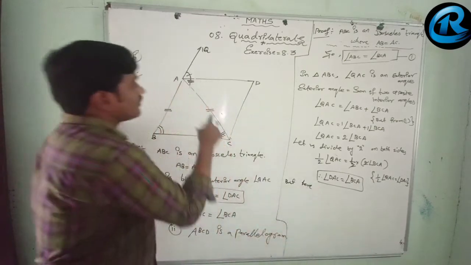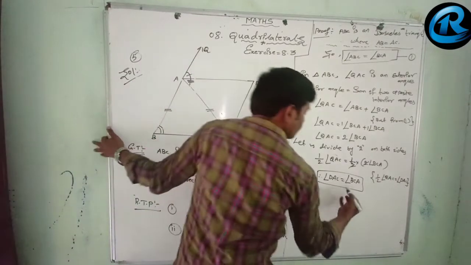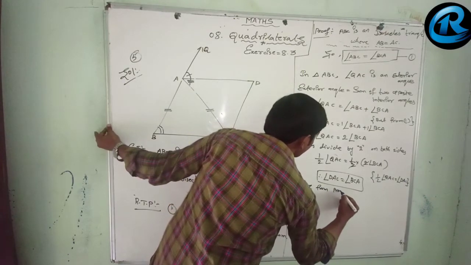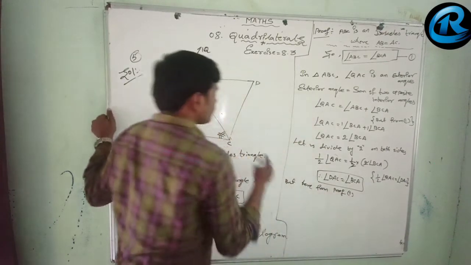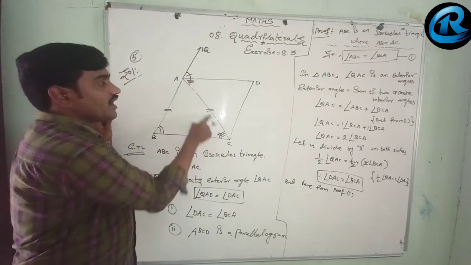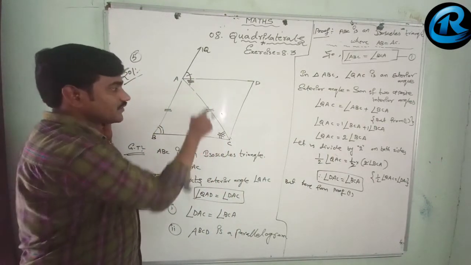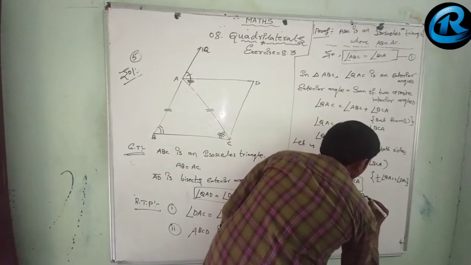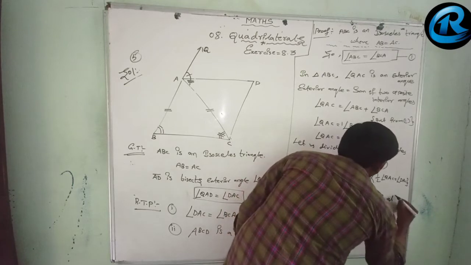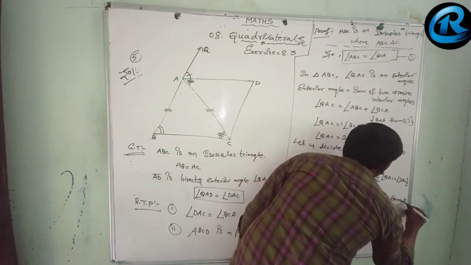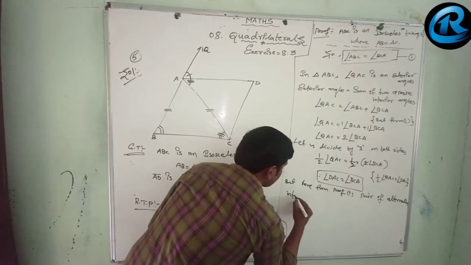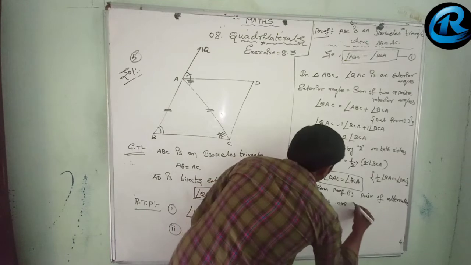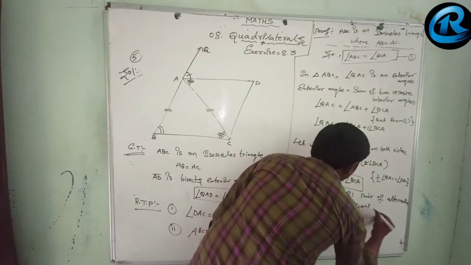From proof 1, the pair of alternate angles are equal. These two we call alternate angles. So from proof 1, the pair of alternate interior angles are equal.